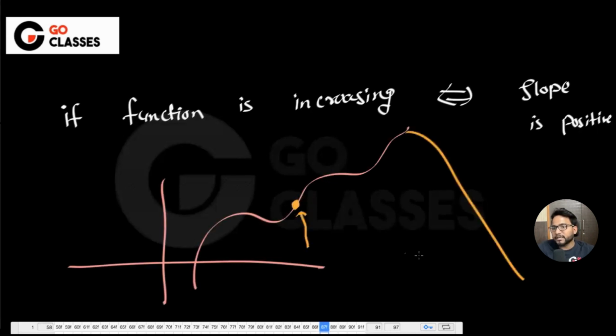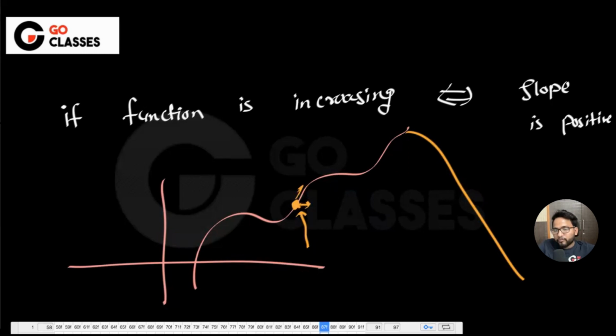Here, tell me, is the function increasing or not at this particular point? Which means if you go in the neighborhood, increasing at this particular point means what? If you increase the value of x, is the y value increasing or not? If you increase the value of x a little bit, then isn't the y value increasing? Y is also increasing, right?